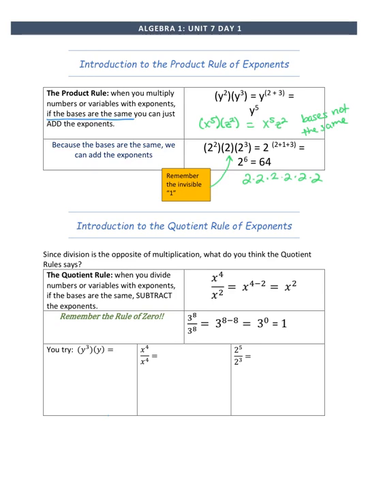In the quotient rule, the bases are the same, you're dividing the bases, you subtract the exponents. Here's an example. Again, if the bases are the same, x to the fourth divided by x to the second power is x to the 4 minus 2, which is x squared.